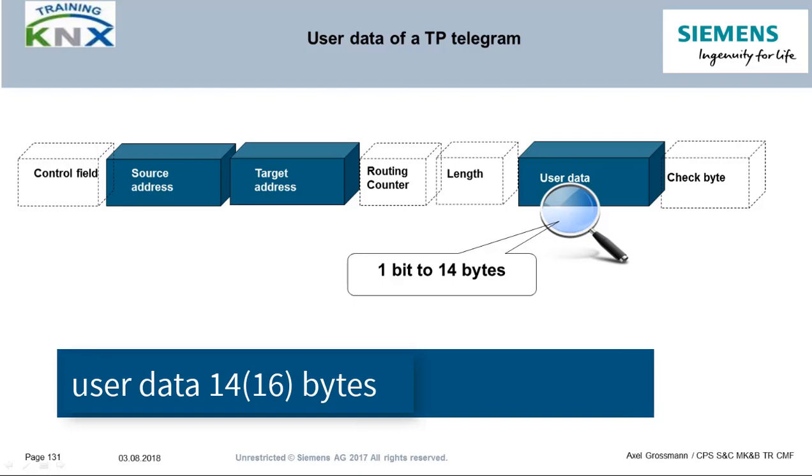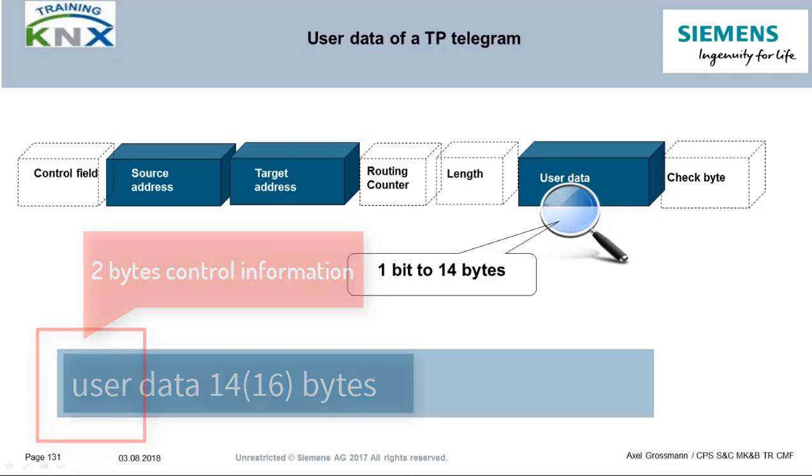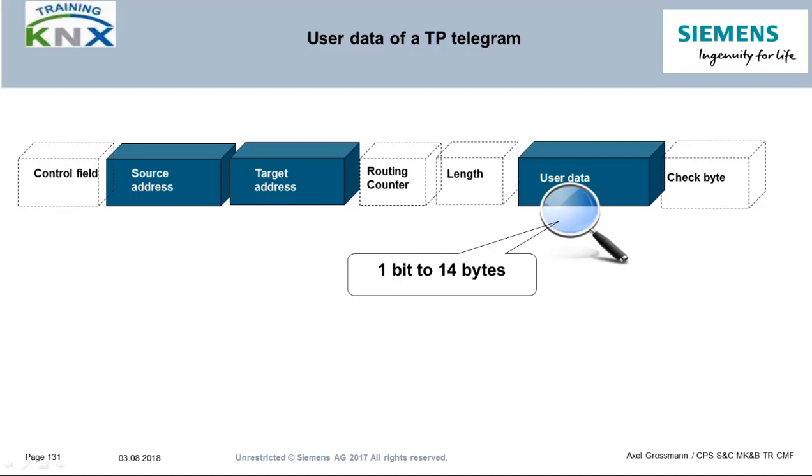The reason here is that the receiver also needs control information about the usage of the received data. The first 2 bytes of the user data are this control information. This must not be mixed up with the control field at the start of the telegram. More details you will learn in the chapter Bus Telegram.